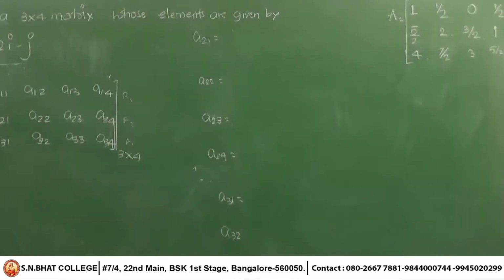A11 is 2 into 1 minus 1. This is 1. i is 1, j is 1. A12 is 2 into 1 minus 2, which is 0. A13 is 2 into 1 minus 3, which is minus 1. A14 is 2 into 1 minus 4, which is nothing but minus 2.